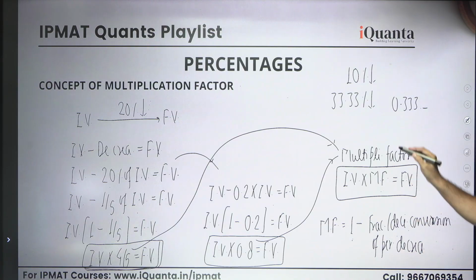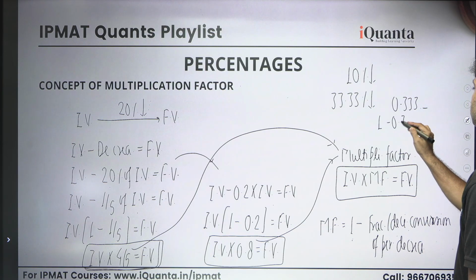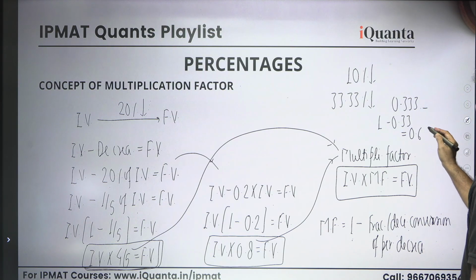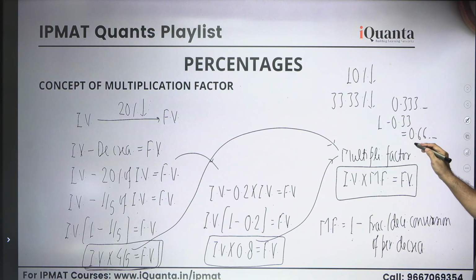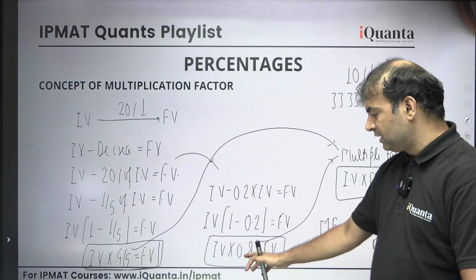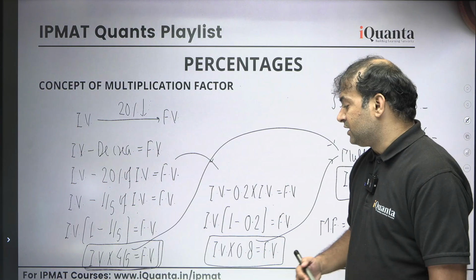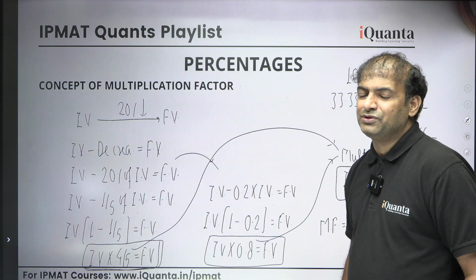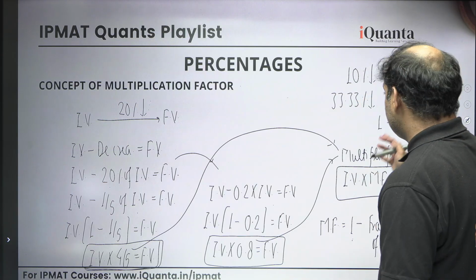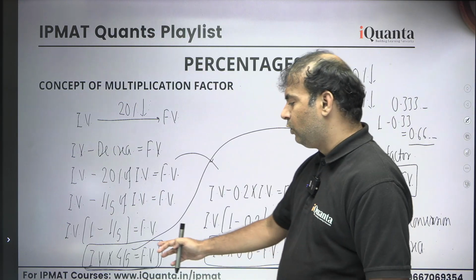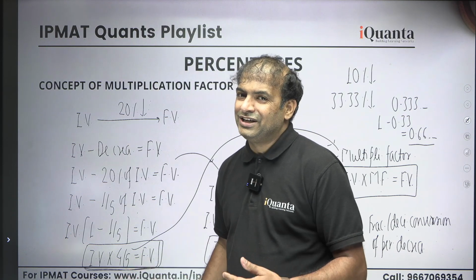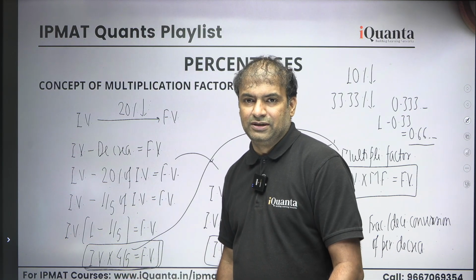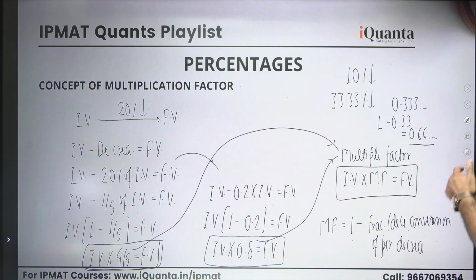Now 1 minus 0.333 will give us 0.6666 something, right? So we'll be writing 0.666 as a multiplication factor in decimal, which is again not very comfortable in terms of the calculation. That's why I told you to write the multiplication factor always in the fraction, because that is extremely helpful in terms of the calculation. Just a second.